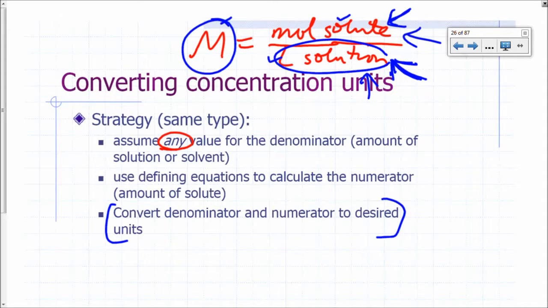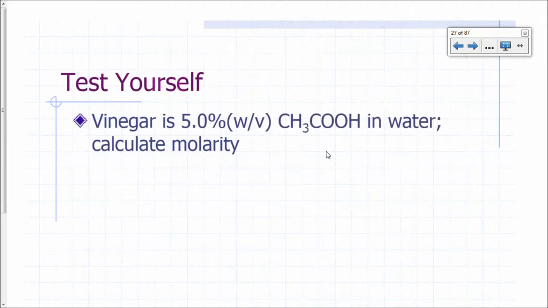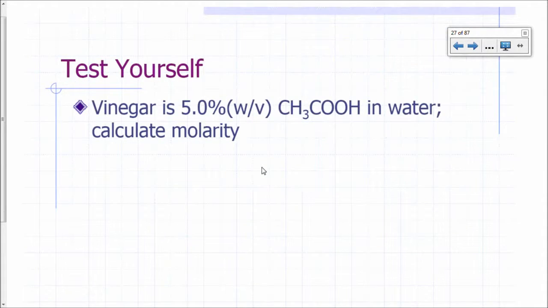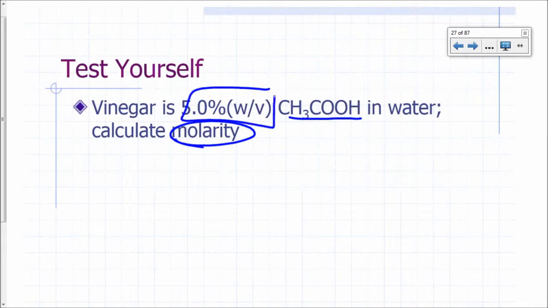Let's illustrate that with this. Vinegar is 5% weight by volume acetic acid in water. This is acetic acid, CH3COOH. Let's calculate the molarity. What's the defining equation for this? We know the 5% weight by volume.